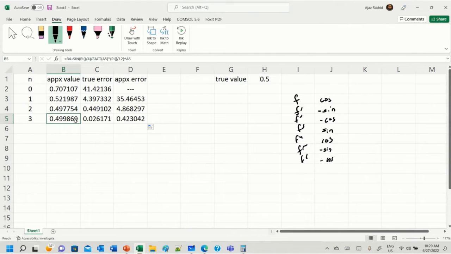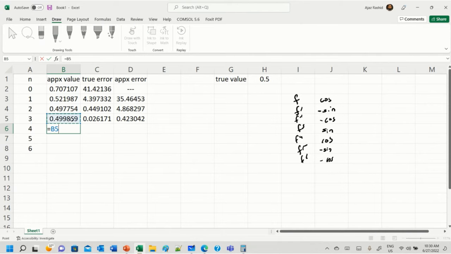So sine pi by 4 divided by factorial 3. I'll just copy this last term from here.